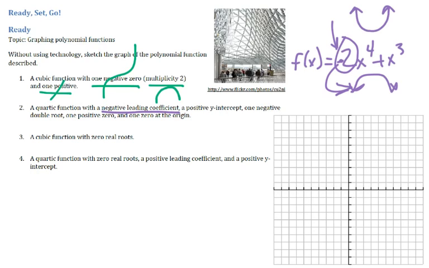Okay? It says a positive y-intercept, 1 negative double root, 1 positive 0, and 1 0 at the origin. So we've got a positive 0, a 0 at the origin, and a positive y-intercept.